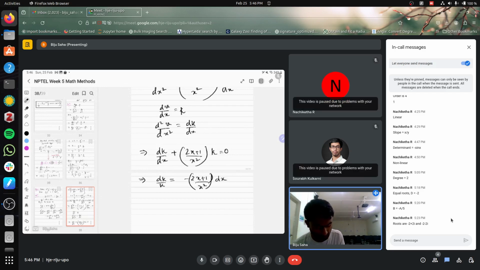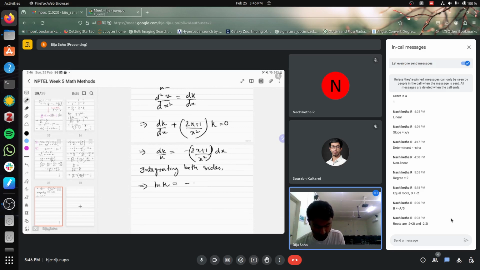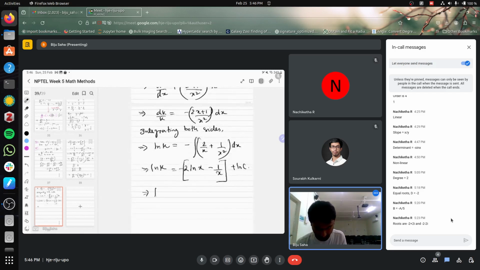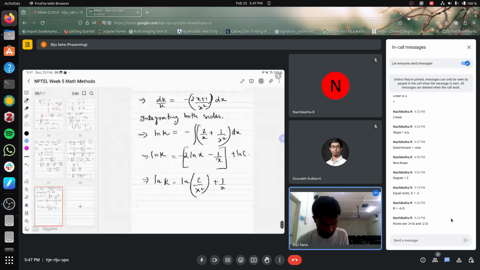Now integrating both sides, k is basically exponential of ln c by x square plus 1 by x.